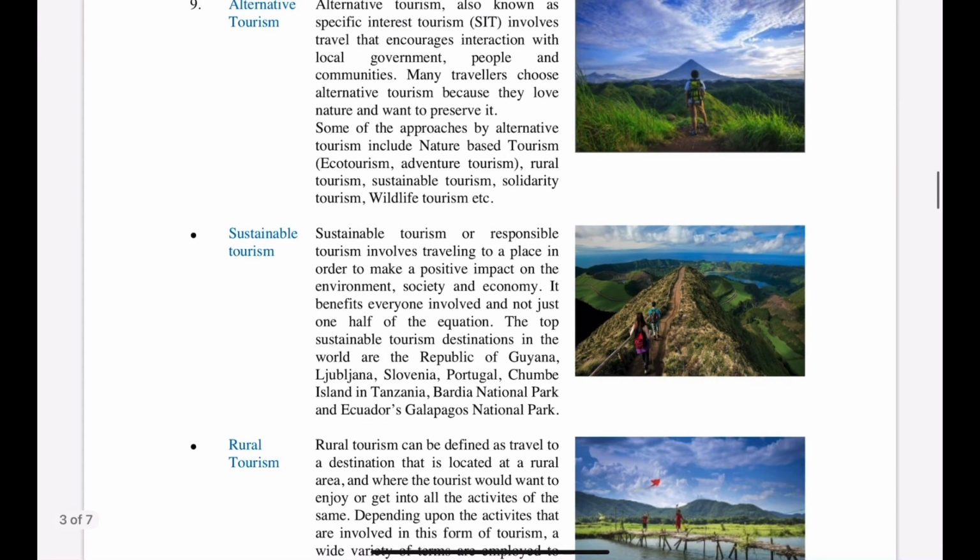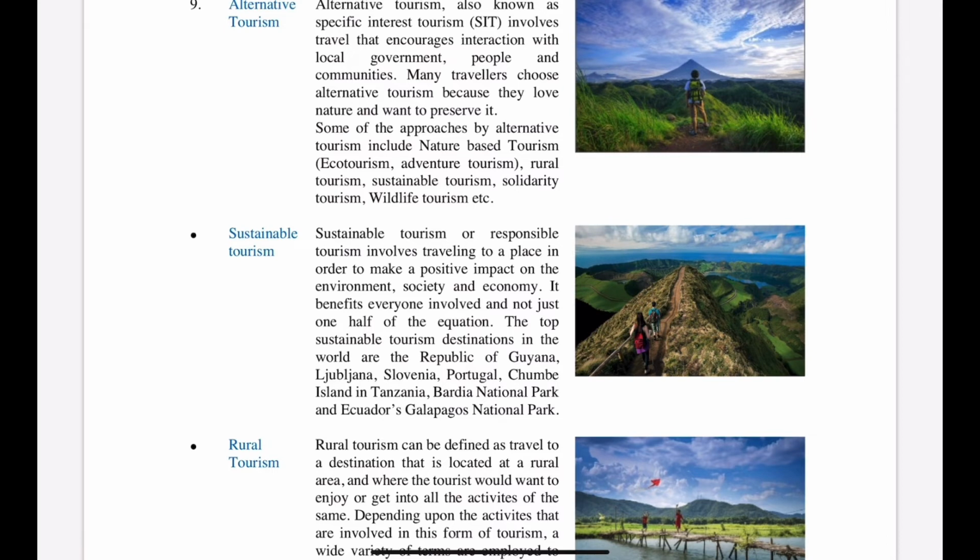Now, the next important part we have is alternative tourism. What do we understand by alternative tourism? Alternative tourism is basically a different form of tourism. It involves an activity. If a person loves nature and would never like to go to crowded places, he loves to restore the integrity of the place. Such people will travel to remote places, maybe for adventure sports, maybe to see the nature, to see the wildlife.